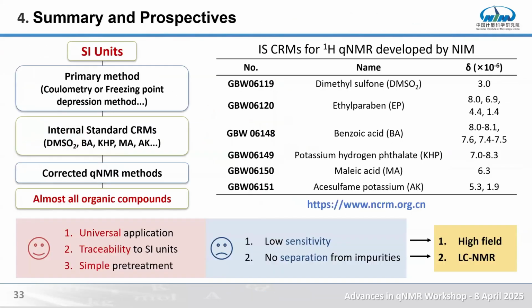So to wrap up, qNMR has advantages including being universal to almost all organic compounds, traceability to SI unit, and relatively simple pre-treatment. NIM has developed 6 internal standard CRMs to support protein qNMR, and the limitations of qNMR, such as low sensitivity and inability to separate foreign impurities, can be partly addressed by using high-field NMR with deconvolution and LC-NMR coupled methods.